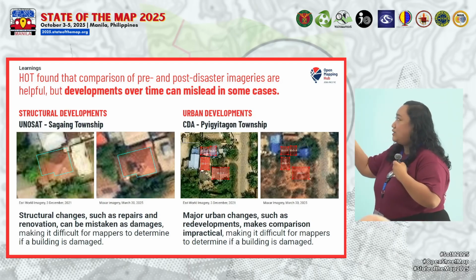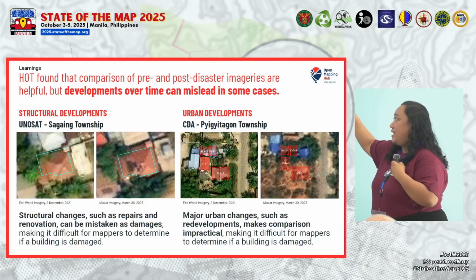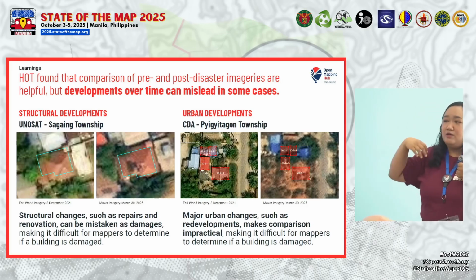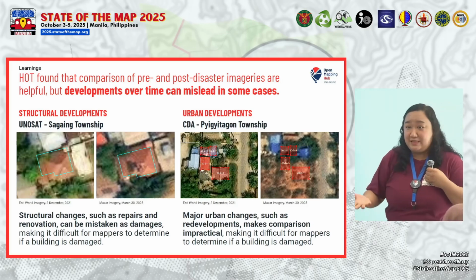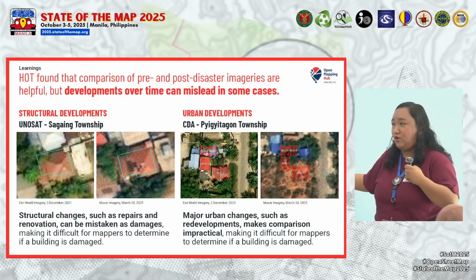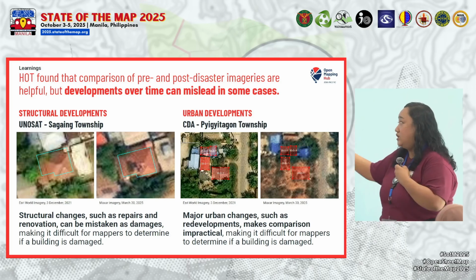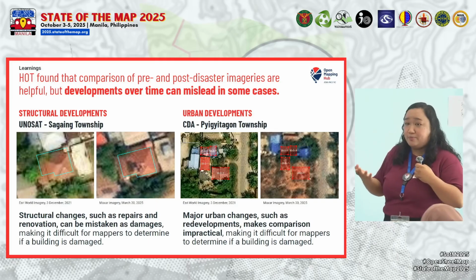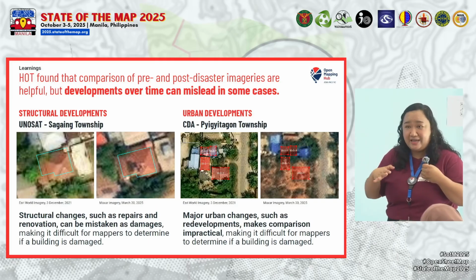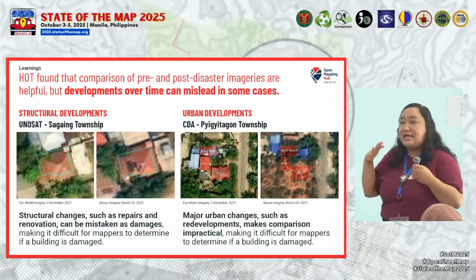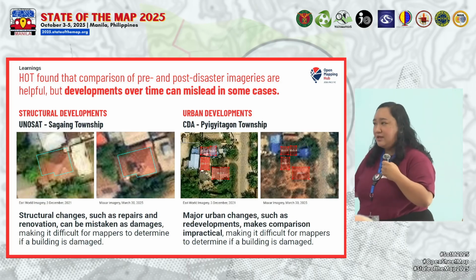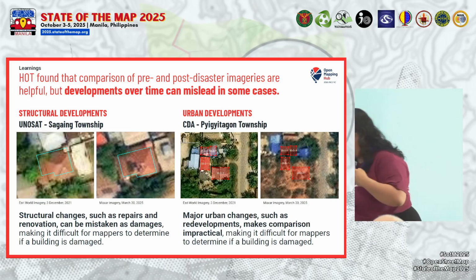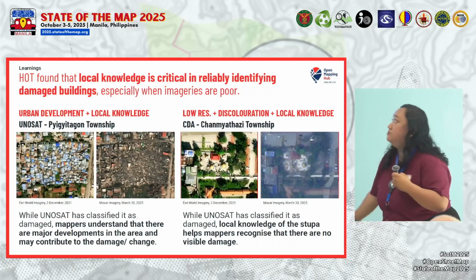And we also have urban developments wherein you may treat it as a totally destroyed or collapsed building wherein there are no buildings at all. But because of the local knowledge of our Myanmar mappers, they know that there have been urban developments or clearing in that area. So it is not damage, but just urban development or activity.